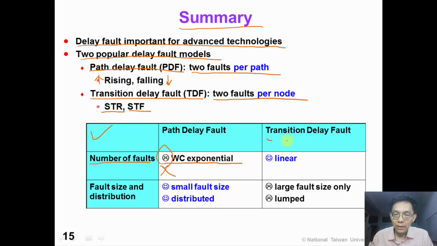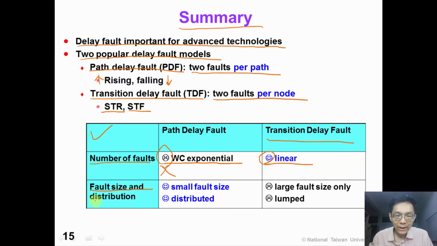On the other hand, transition delay fault assumes that there are only 2 faults for each node. So the number of transition delay faults is linear to the number of gates, which is very good news because we don't have to worry about an exponential number of faults.